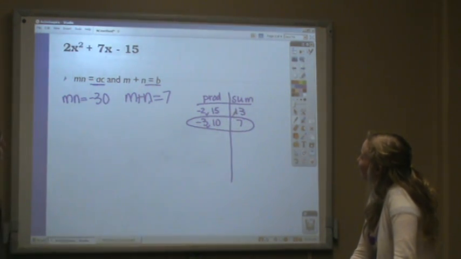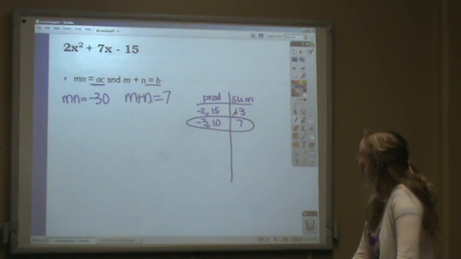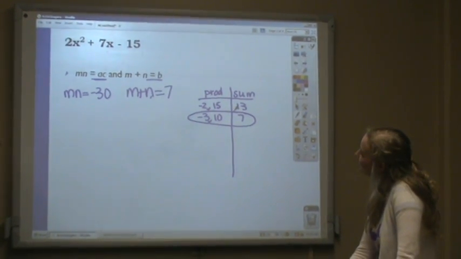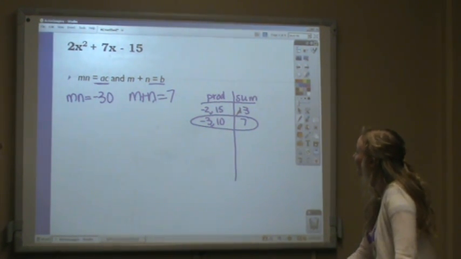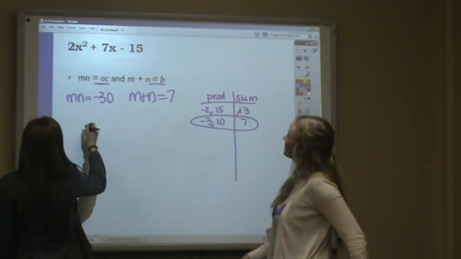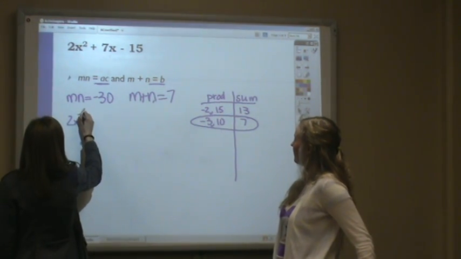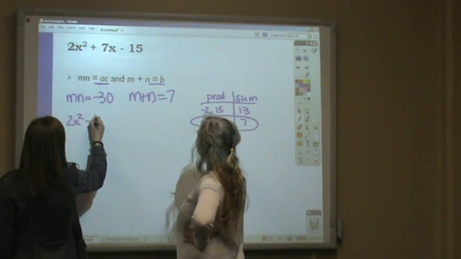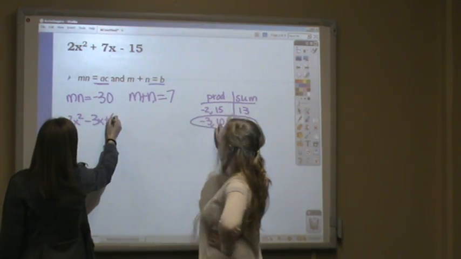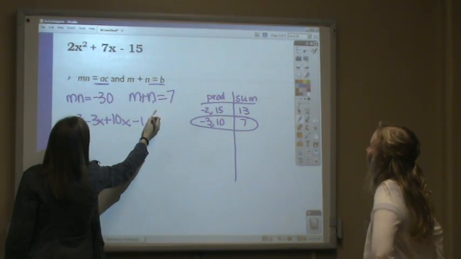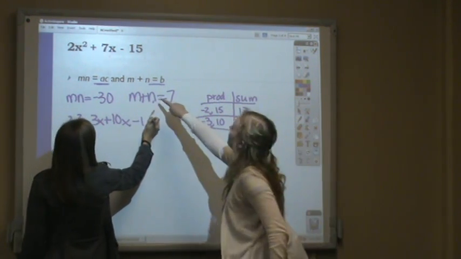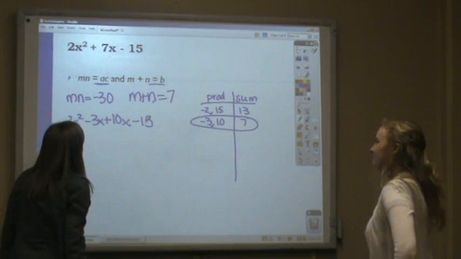Yay! Okay, so now what did we do? Since we found our M and N variables, split the B, split the 7x. So you're gonna write 2x squared and substitute in negative 3 and 10 in place of B, because M plus N equals B. Okay.